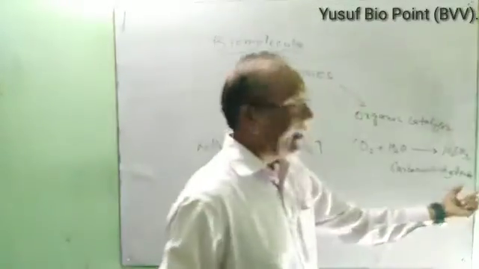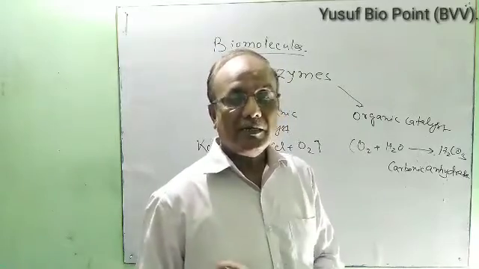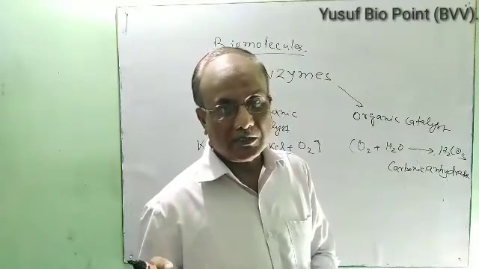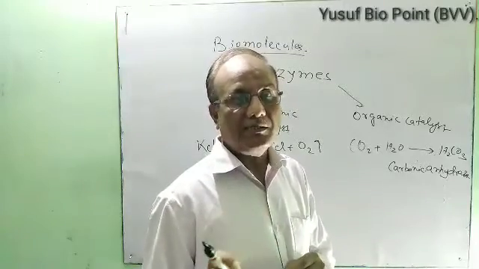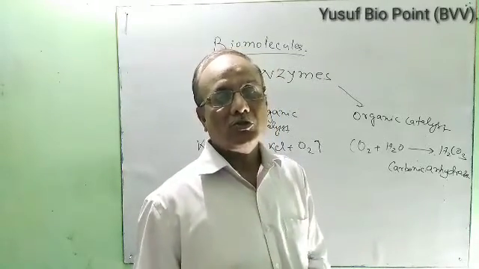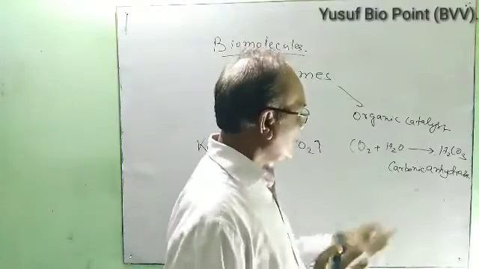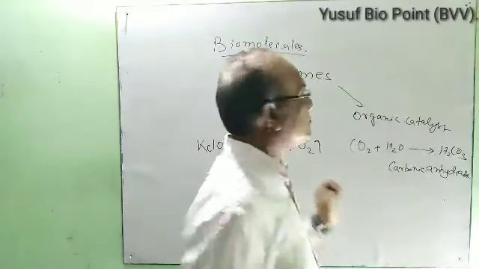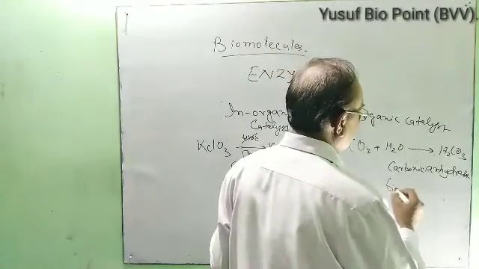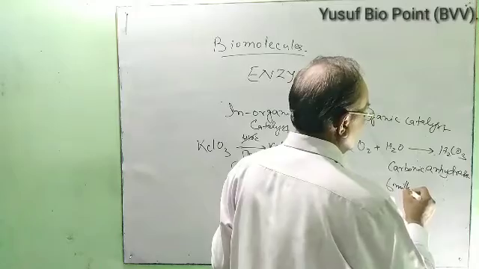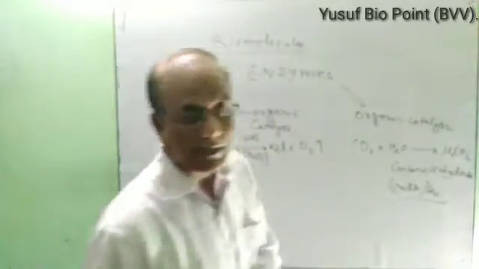If you find ase as the suffix at the end of any word, then it will be an enzyme. यदि किसी वर्ड के किसी नाम के लास्ट में ASE ये सफिक्स नाम पाओ तो समझ लो कि दैट इज एंजाइम्स. अंडरस्टैंड? तो कार्बोनिक एंजाइम्स, so we can get about 6 million moles per second.